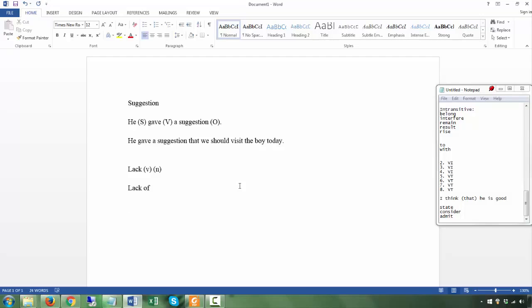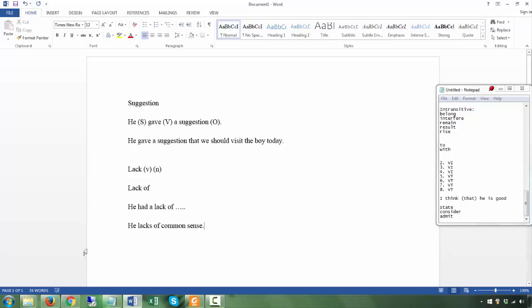So firstly, they may say something like, he had a lack of whatever. Now, firstly, this is not used as a verb. This is used as a noun after the article. It's used as an object, which is a noun. And some students may say something like, he lacks of common sense.